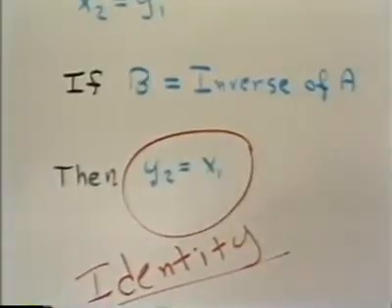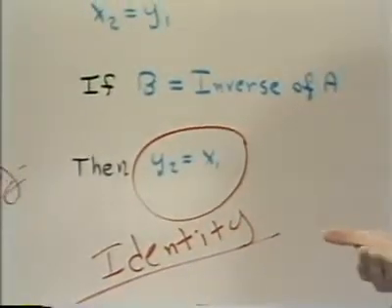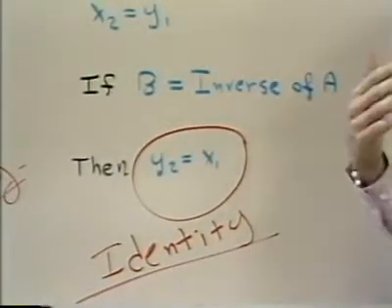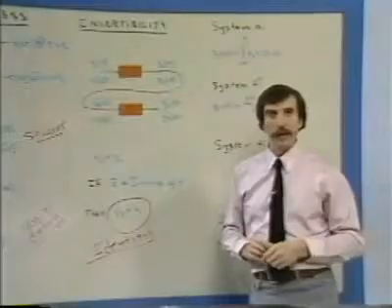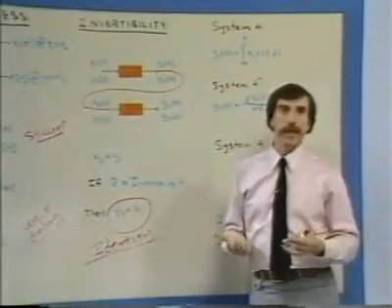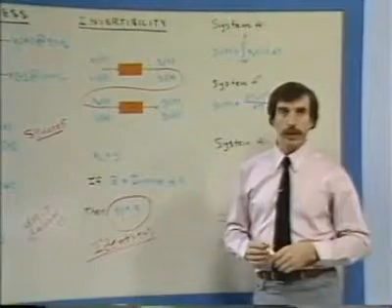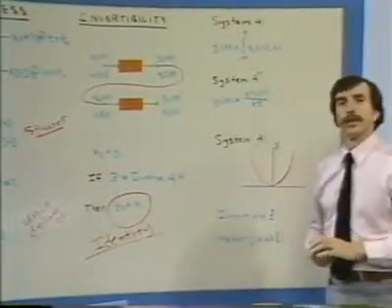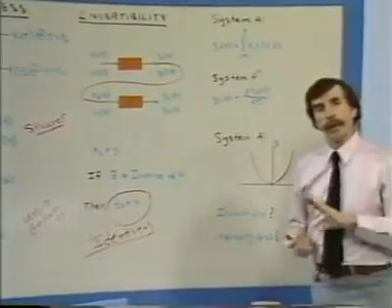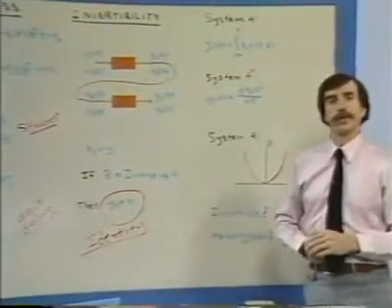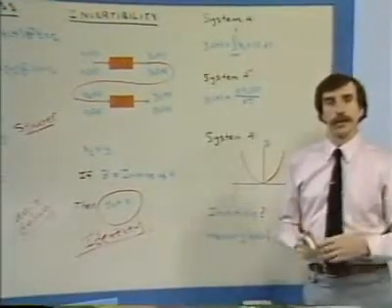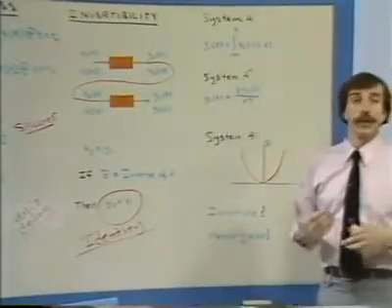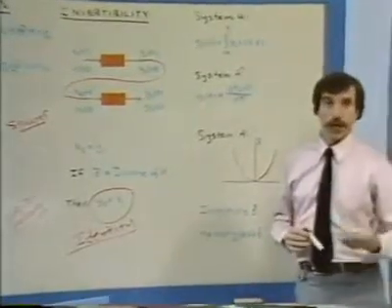And the identity system is simply a system which, if you put a signal into it, you get the same signal out of it. In other words, the overall system is no transformation at all. And clearly, of course, for a system to be able to be cascaded with another system to generate the identity system requires that the first system, system A, be invertible.